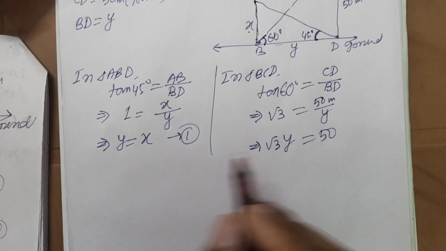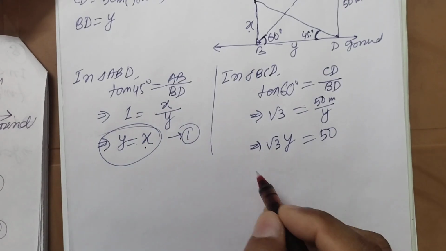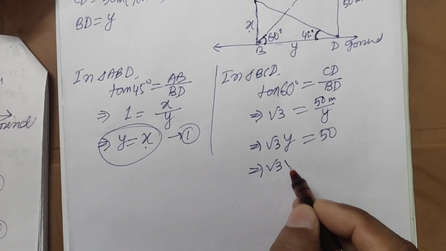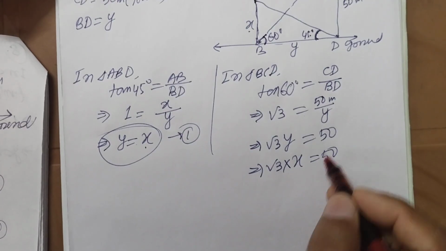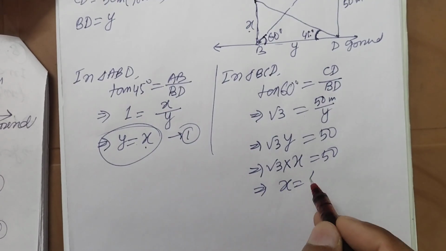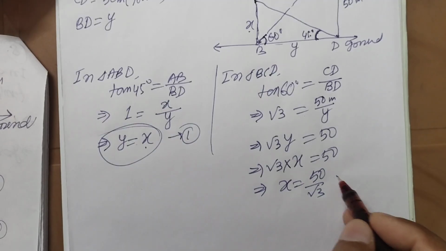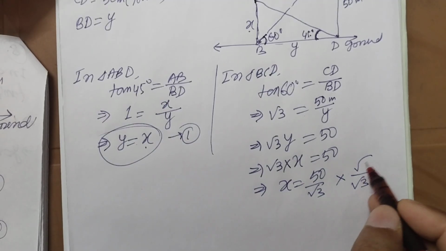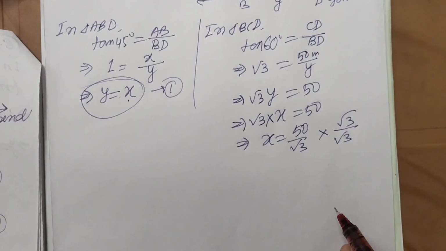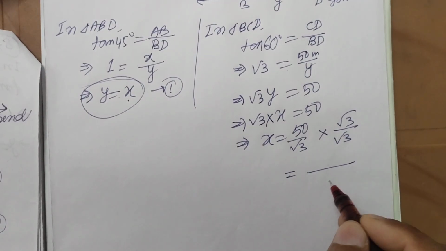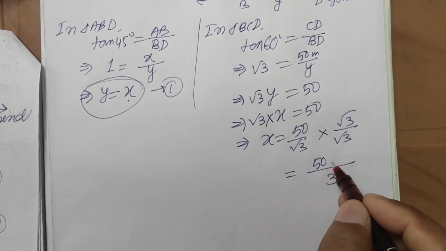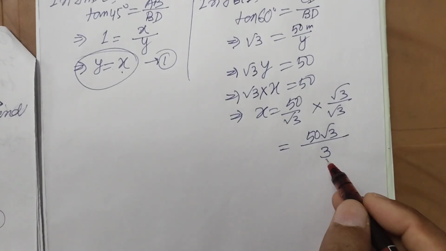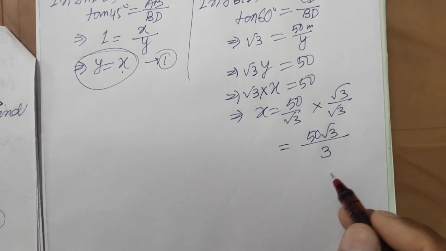In place of Y we substitute Y equal to X, so X will be 50 by root 3, and you rationalize the denominator, giving 50 root 3 meter.